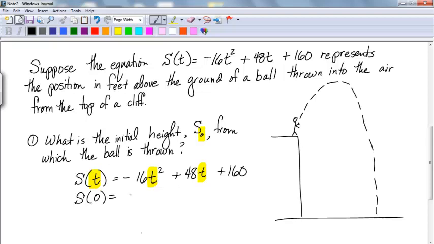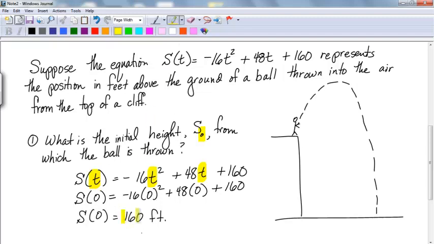This one drops out, this one drops out. So the initial height is 160. So S sub 0 is 160, and we're in feet. That should be your initial height. So that's like standing up here.